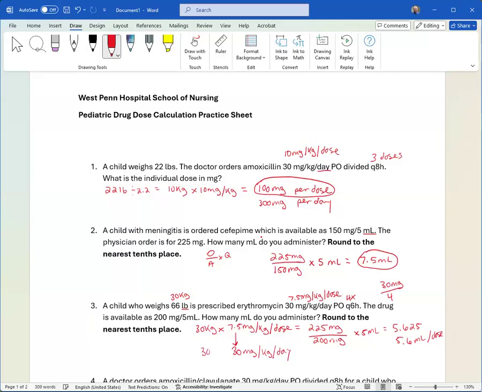And we can see we have 30 kilograms is how much the patient weighs. So 30 times 30 would give me 900 milligrams per day, and then again, divided by 200. I'm showing you both these just because I'm not entirely certain if they're looking for the per dose or the per day. My assumption is they're looking for the per dose, but just in case, I give it to you both ways.